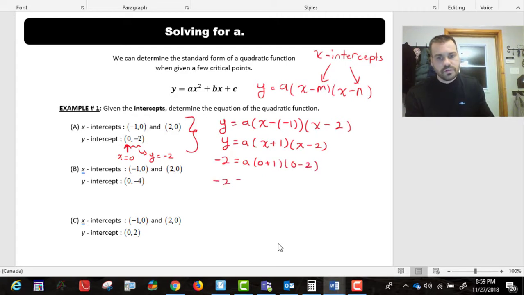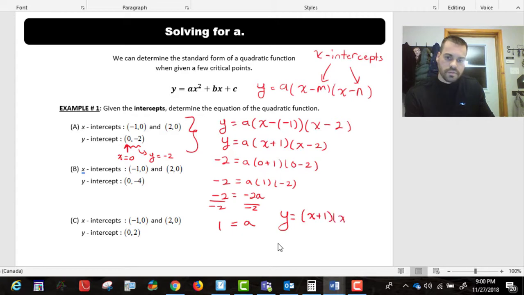So minus 2 is equal to a times 1 times minus 2, so minus 2 is equal to minus 2a. We divide both sides by minus 2 to get a is equal to 1. So my equation now looks like this: y is equal to x plus 1 times x minus 2, because a is 1.